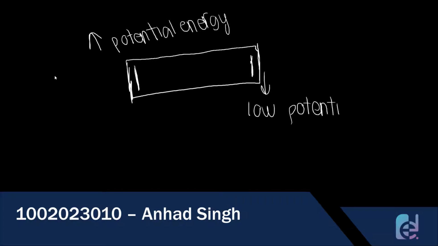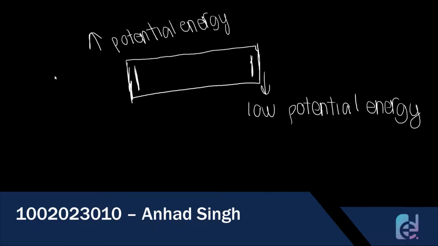Like a ball, when it had high potential energy, it wanted to go to a place where there was low potential energy, which was the ground. Electrons over here have high potential energy, and they want to go to a place where there's low potential energy, and that's the other side of the material.